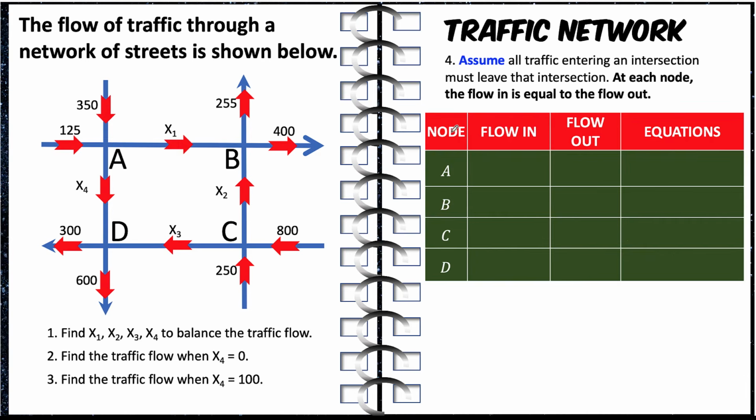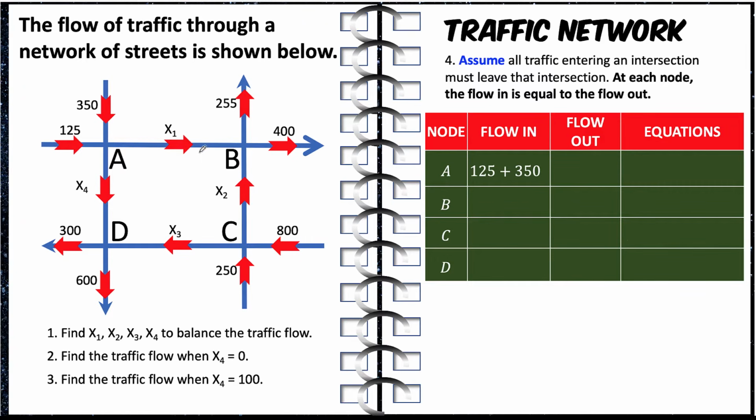We have here the 4 nodes A, B, C, and D, and we are going to record the flow in and the flow out of traffic. And we are going to form the equation based on the concept that at each node, the flow in is equal to the flow out. So here is node A. The flow in would be the sum of this 350 and 125. So we have 125 plus 350.